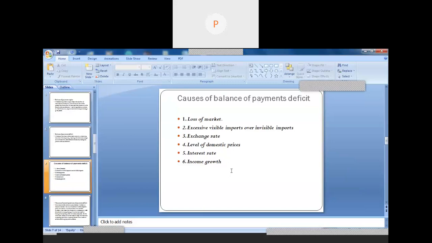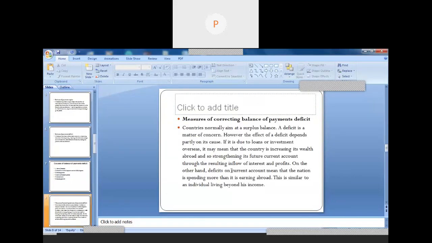So if your income is increasing, our pattern of investment or our choice of commodity will also change. We will then prefer to purchase foreign commodities, and we will demand more imported commodities. So in some way, if the income of the country's population increases, that is going to bring an adverse balance of payment.